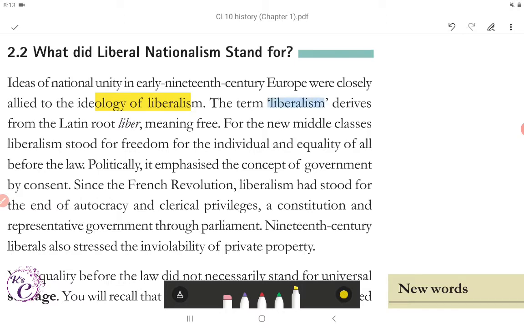The term liberalism derives from the Latin root liber, meaning free. For the new middle classes, liberalism stood for freedom for the individual and equality of all before the law. Politically, it emphasized the concept of government by consent.